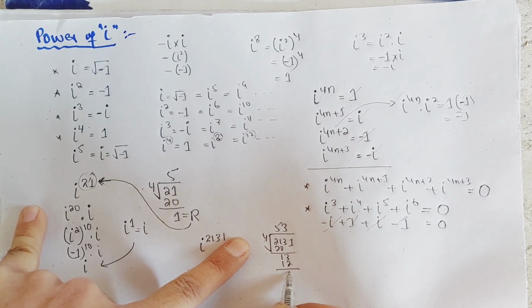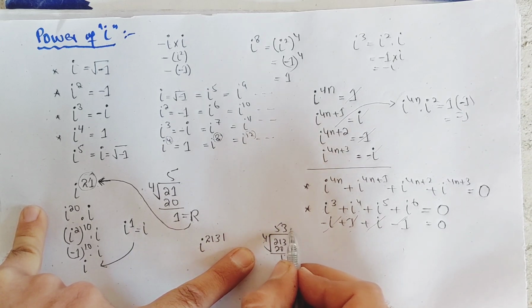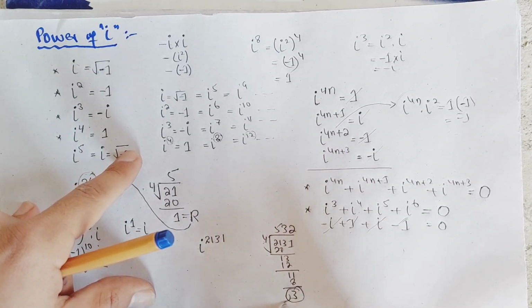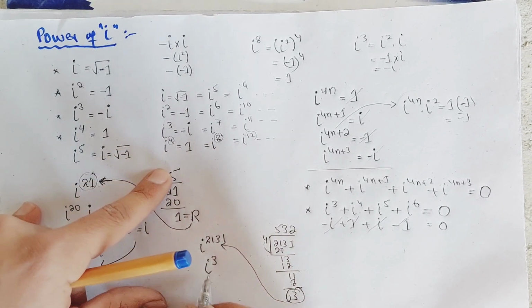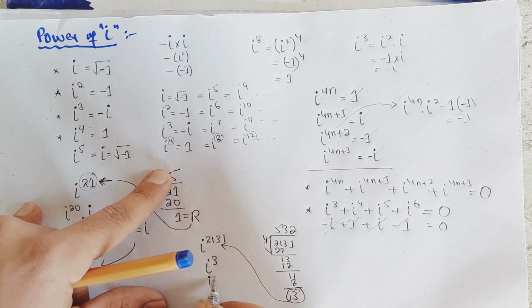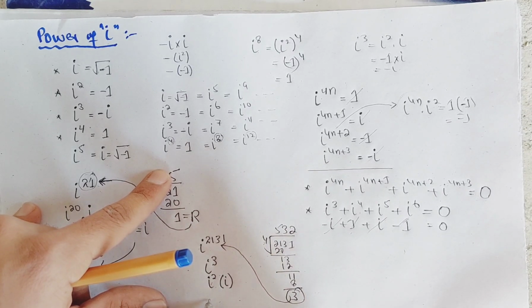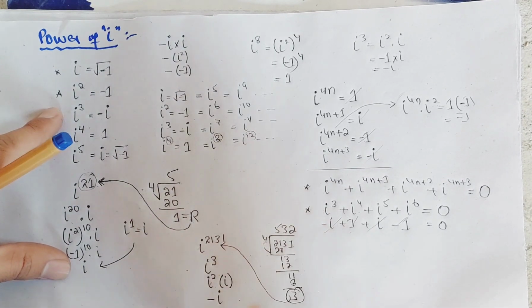Just take this as the power of iota, iota power 3, and we know that iota power 3 is equal to minus iota, but I will solve it. Can I write this is equal to -1, so minus iota. बस 4 पे divide किया करे, जो remainder आ जाए वही power ले दे, then simplify it. This will result directly in your answer.